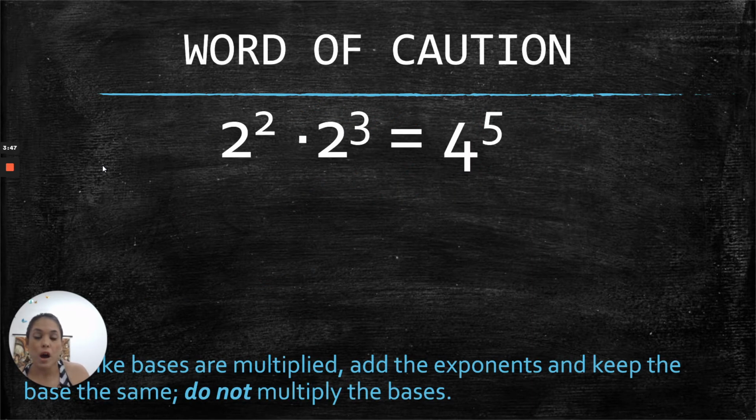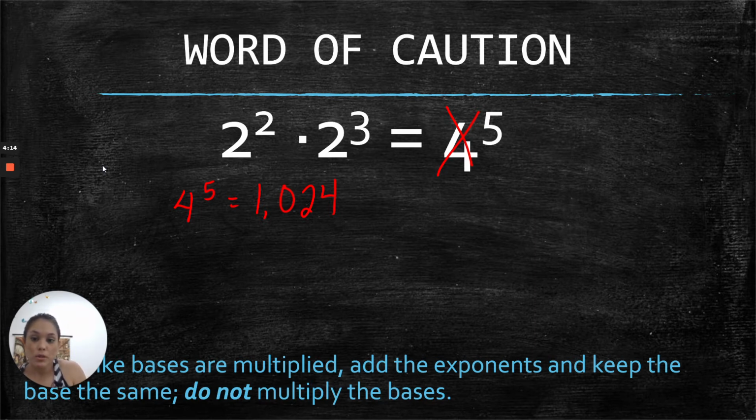Okay, word of caution. 2 squared times 2 cubed is not 4 to the 5th power. Okay, you do not multiply your bases. Let me show you. 4 to the 5th power equals 1,024. Okay, so this is very different than when you apply the product rule correctly.